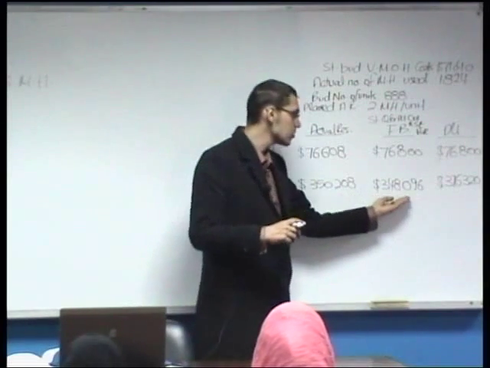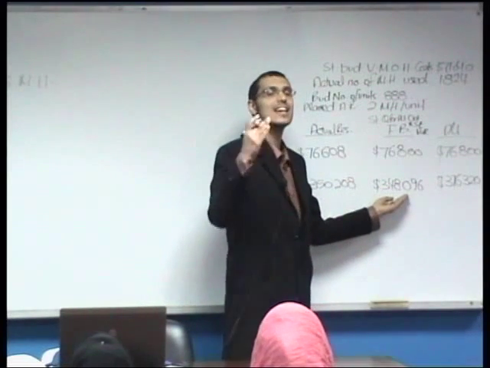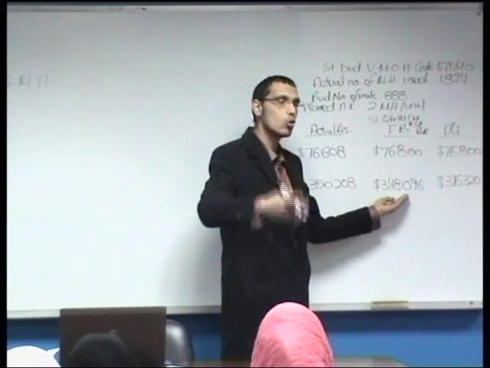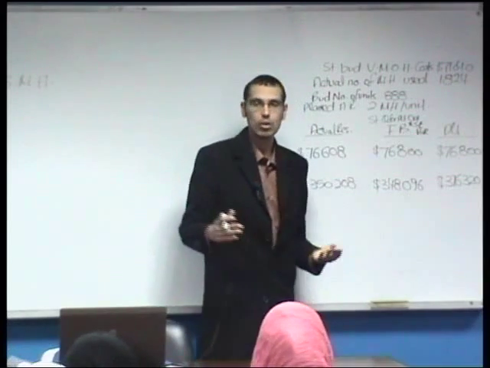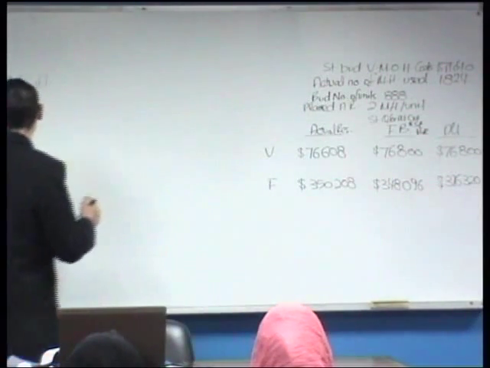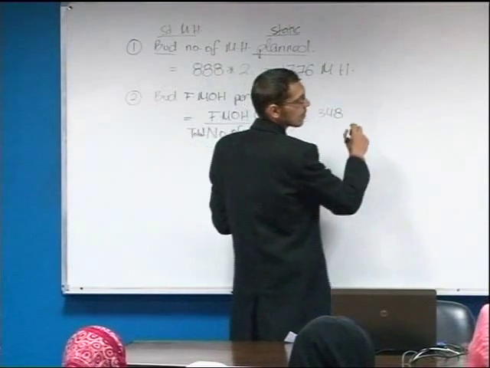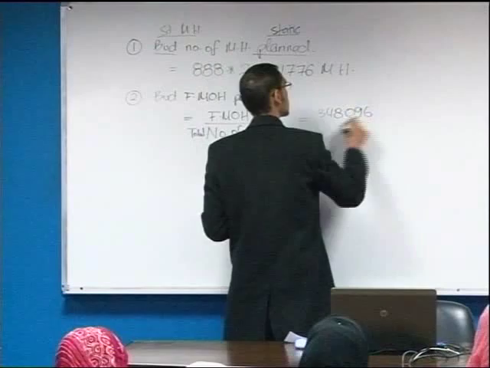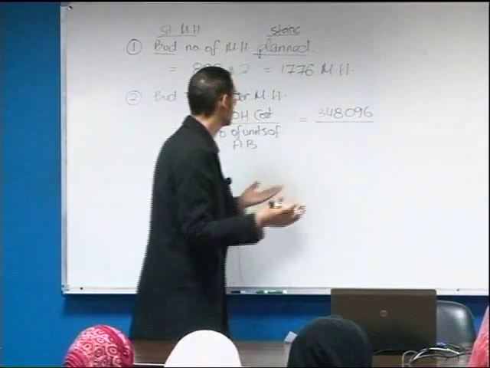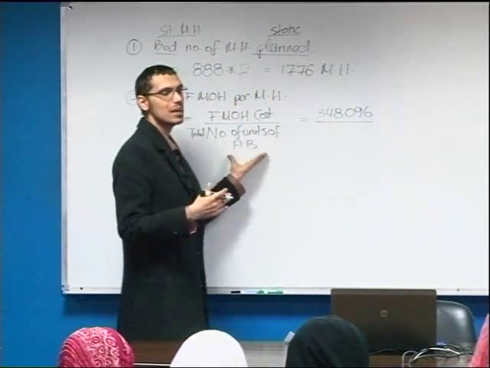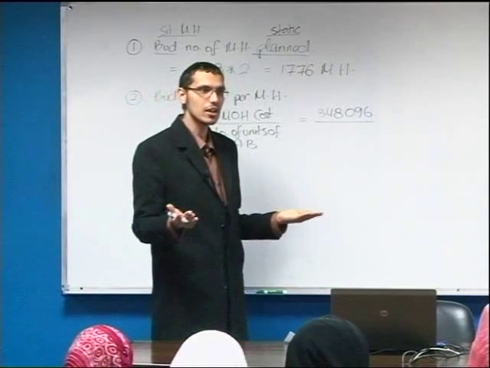Therefore, the 348,096 is the planned cost pool for the fixed manufacturing overhead. Therefore, we are going to use the 348,096, of course, divided by the standard total number of units of the allocation base that we just calculated.